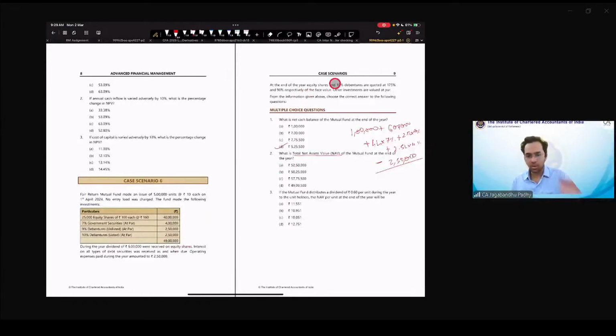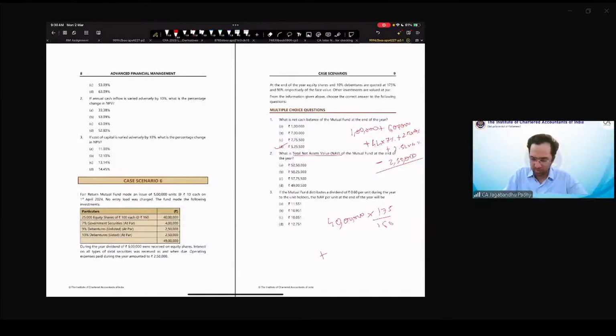At the end of the year, equity shares and 10% debentures are quoted at 175% and 90% respectively. Other investments are at par. So we have a cash balance here, but equity shares will be valued at 40 lakh into 175 upon 160.